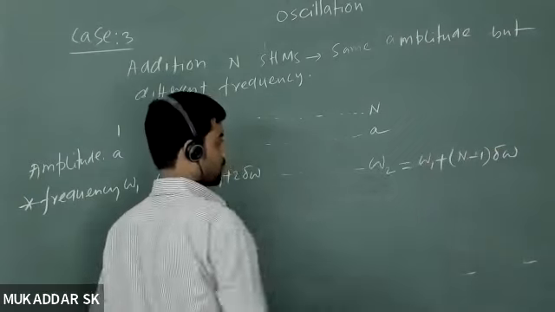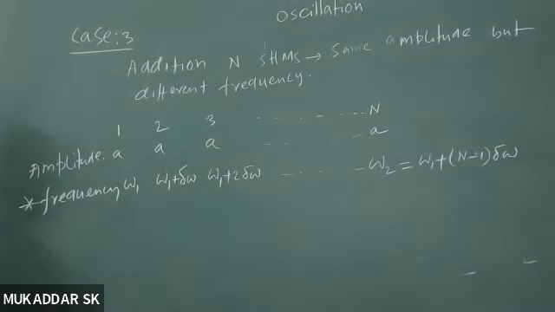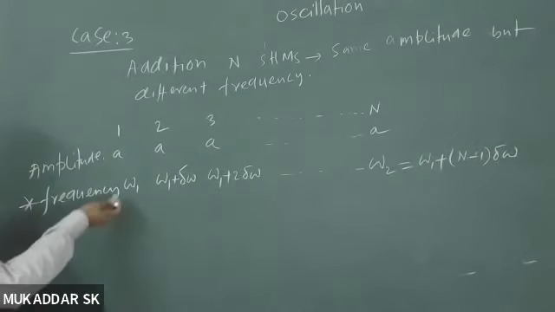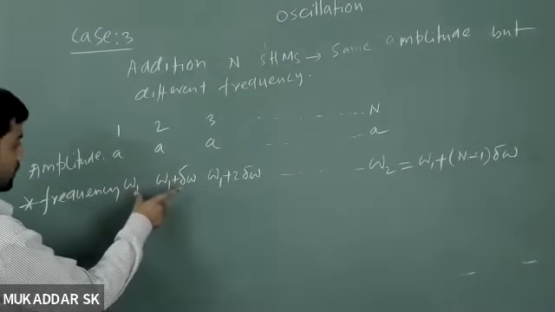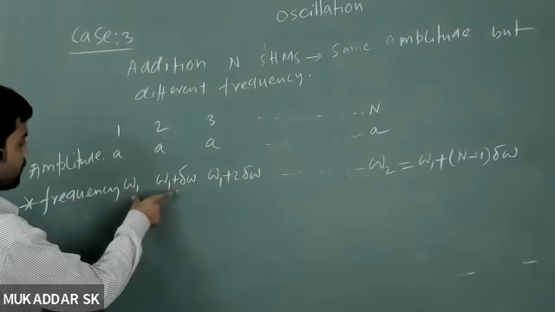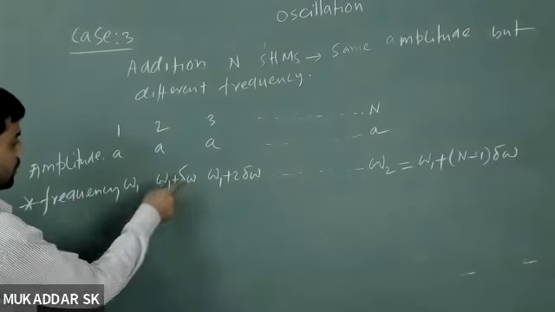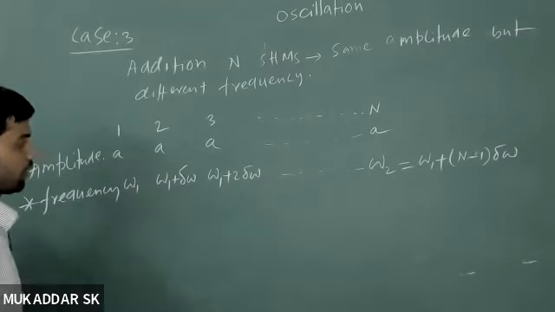Is this part clear? So you have n number of oscillators with different frequencies. The difference in frequency between two successive oscillators is delta omega.